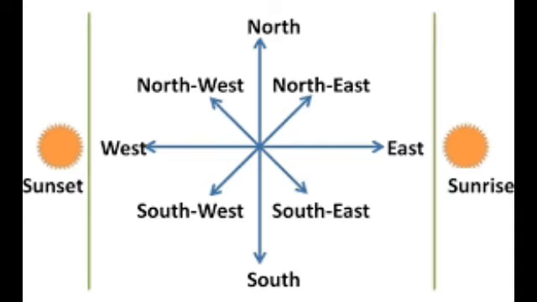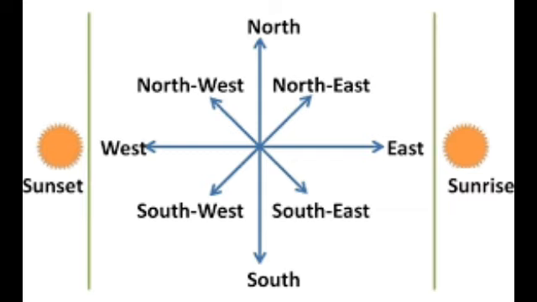And four sub-directions, that is NE as northeast, SE as southeast, NW as northwest and SW as southwest. Is it clear, children?